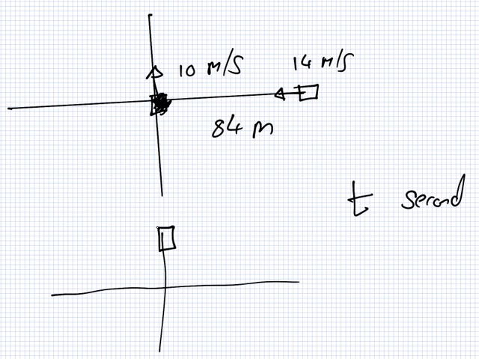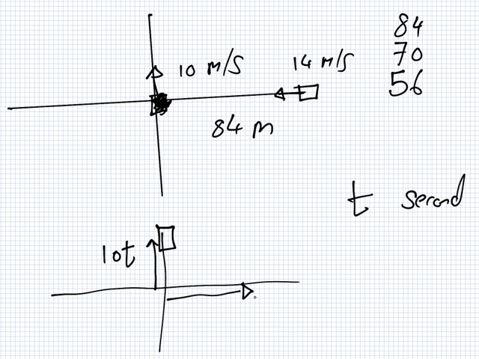So t seconds later, how far has this car moved away from the crossroads? 10t. Now let's look at this car. At the beginning it's 84 meters away. 1 second later, how far away is it from the crossroads? 70. Another second later? 56. So, at t seconds later, how far away is it?